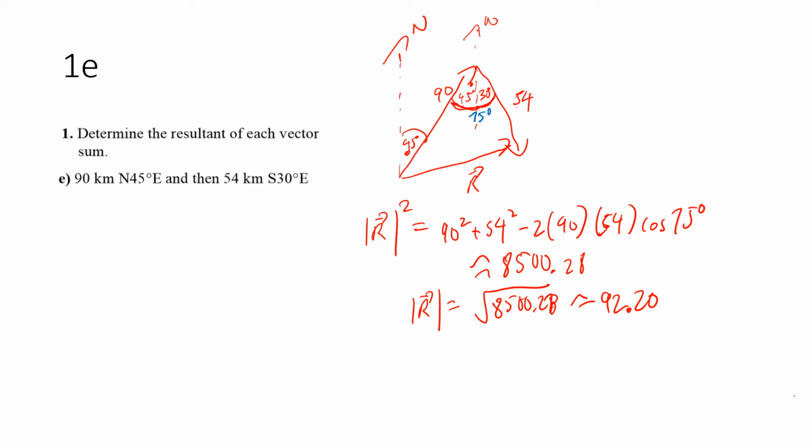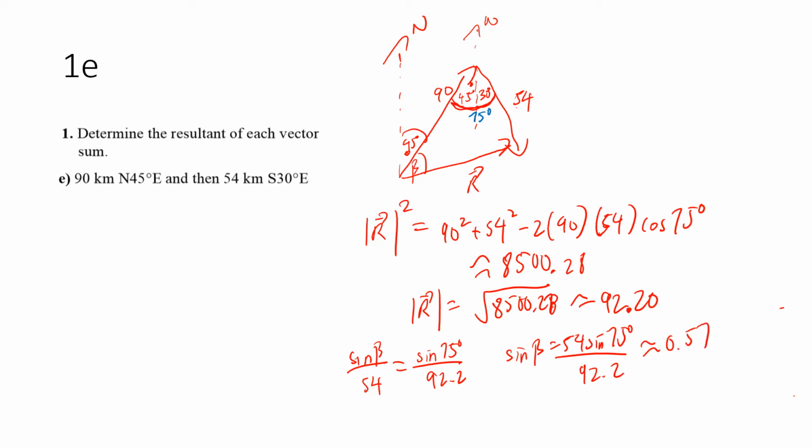Now for our bearing, we can find this angle right here. Let's call it beta. So we can use the sine law, right? Sine beta over its opposite side, which is 54, is equal to sine 75 over its opposite side, the resultant, which is 92.2. So sine beta is equal to 54 sine 75 over 92.2, which is approximately 0.57. So beta would just be the inverse sine of 0.57, which is around 34.5 degrees.